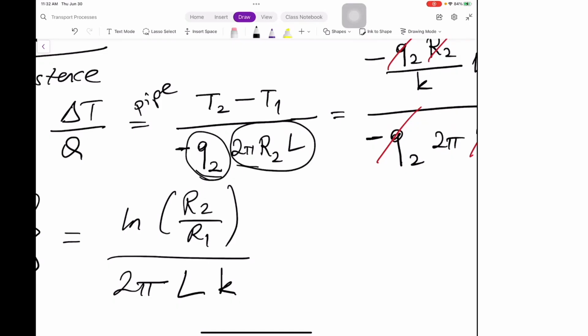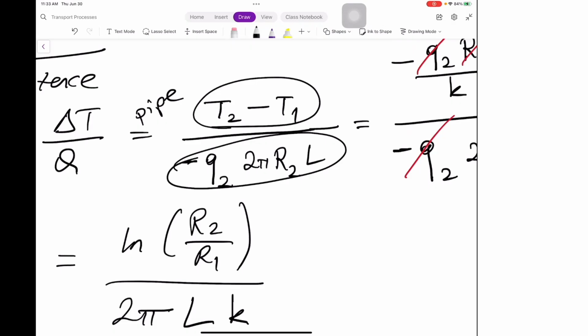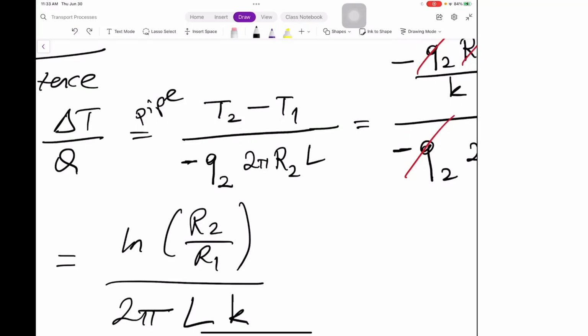The flux is the flux at R2, right? This is the temperature difference across the pipe, and this is the Q, and the Q is constant along the pipe, so you can calculate it at any point. So I just chose to calculate it at R2 because I know the flux at R equal to R2.